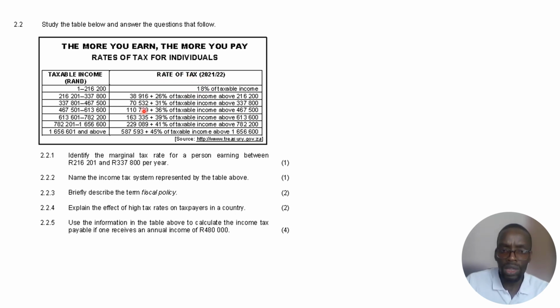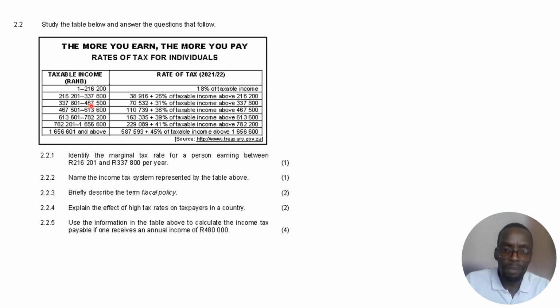Okay, now on this side where we have the rate of tax, we have some formulas that are used to calculate different taxes at different income levels. These are the different rates of taxes charged at different income levels.